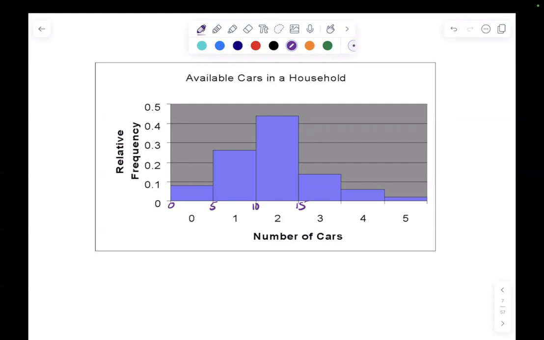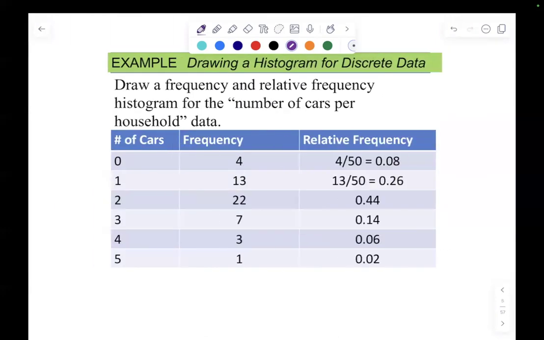No, the relative frequency is like a percent. Let me go back just a second, Alex. My relative frequency here is 8% of the people have 0 cars. So instead of just saying 4 people have 0 cars, I'm saying 8% have 0 cars. I put it into a percent or a proportion of the people out of those 50 that have 0 cars.